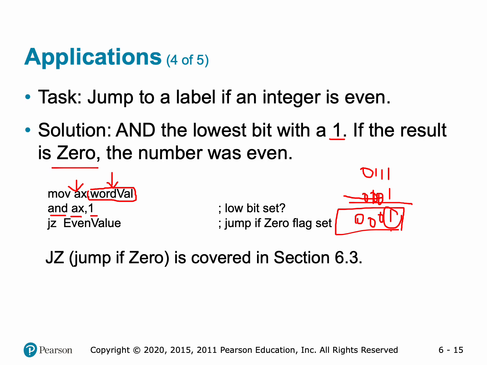Since it's not a 0 for this particular number, the number is not even. It's an odd number. So let's see if that's true. So remember, this here is worth 1. This is worth 2. This is worth 4. This bit is 8. So we multiply 1 times 1 is 1.